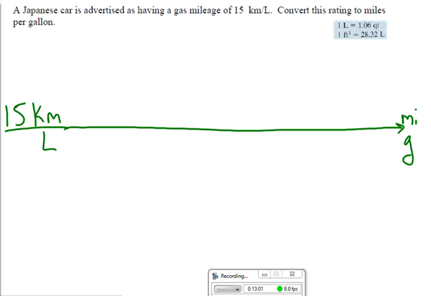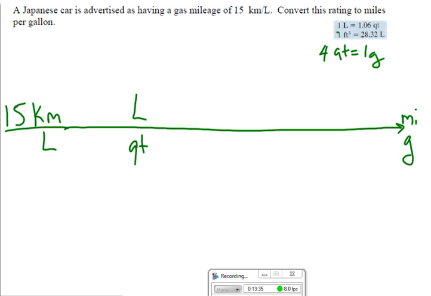And we're given the conversion factor that 1 liter is 1.06 quarts. Okay, well, what do you know about quarts? Hopefully you know that there are 4 quarts in 1 gallon. If not, you need to go to the grocery store more with your mom. So if I want to go from liters to gallons, I'm going to multiply by the conversion factor. Since liters is down below, I'm going to put it above now, right? Because that will cancel them out.